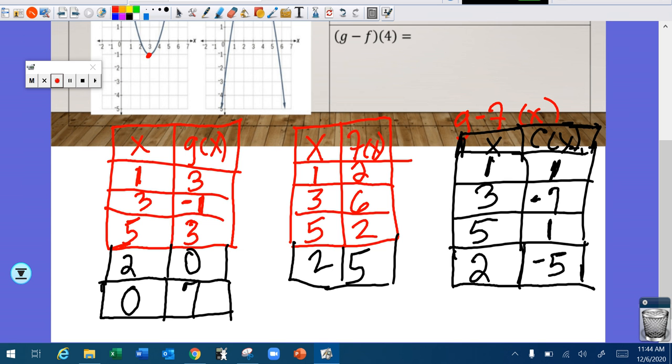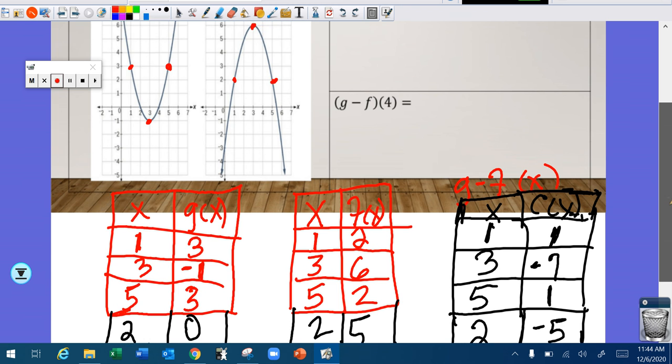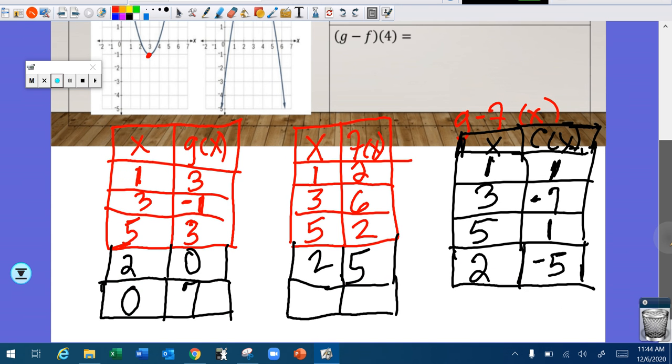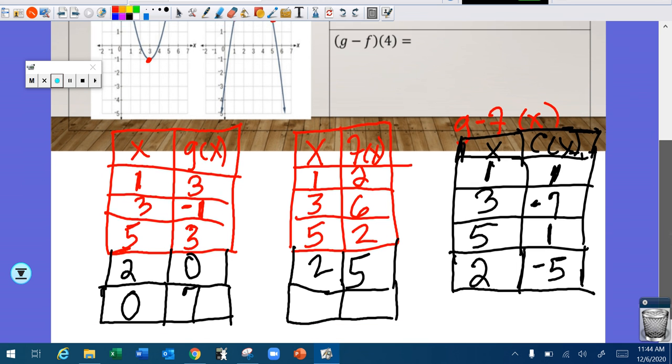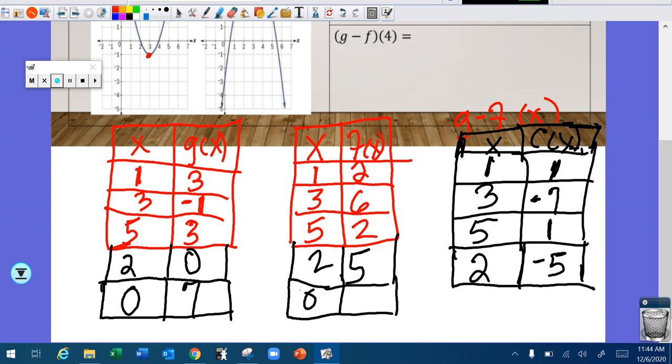And then here, I'm going to go to 0 here. And it looks like I get -3. Is it -3?